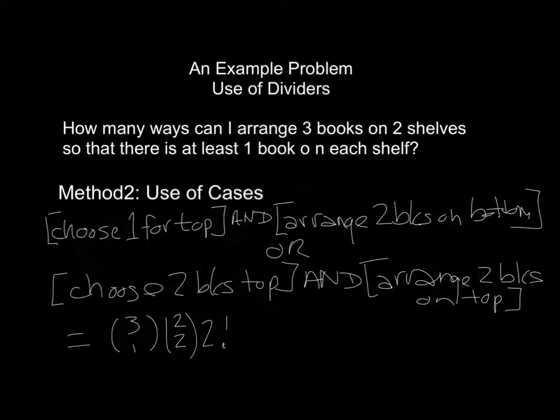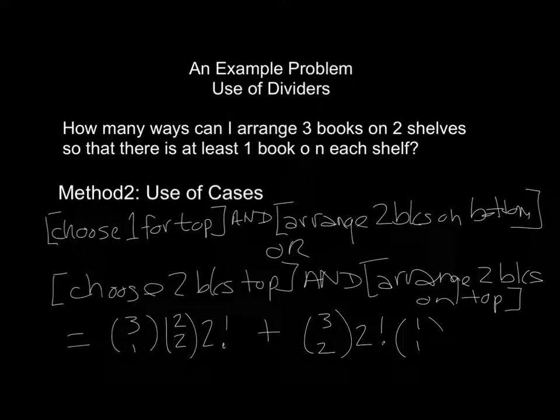Or, alternatively, the other case is, from the 3 books, we're going to choose 2 for the top, and then we're going to arrange those 2 books. And then from the leftover 1 book, we'll choose 1 to put on the bottom, and we'll arrange that as well.